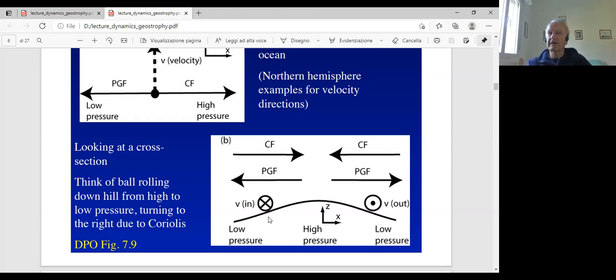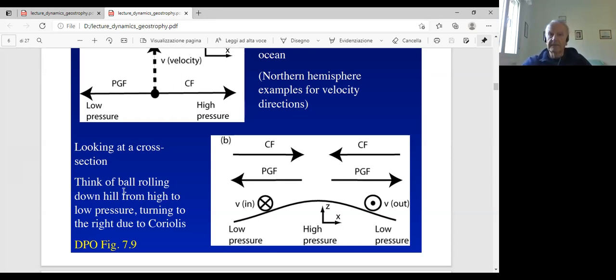So this already gives you the idea how we can reconstruct the flow field, not only along the straight constant pressure lines, but also along the different structures along the closed pressure lines in the world ocean or in the atmosphere as well.